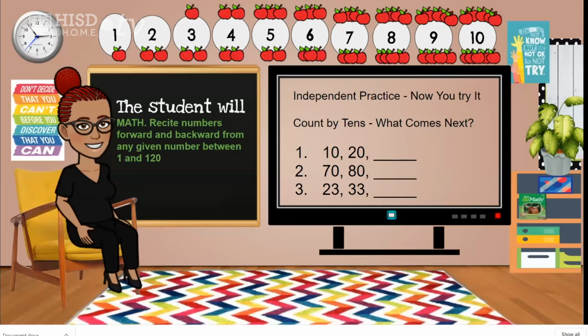Now it is your turn to try it. On your paper, I want you to write this down. You are going to practice counting by tens. See if you can figure out what number comes next. Write these 3 problems on your paper. First, you're going to write 10, 20, and then fill in the blank to tell what number comes next.